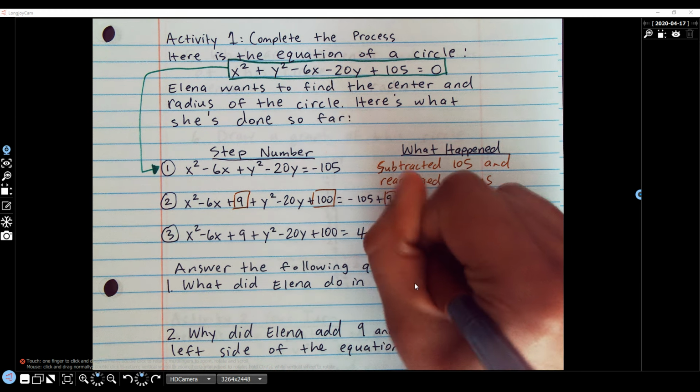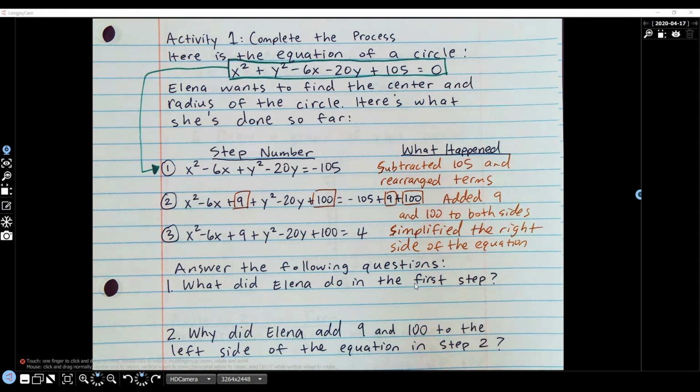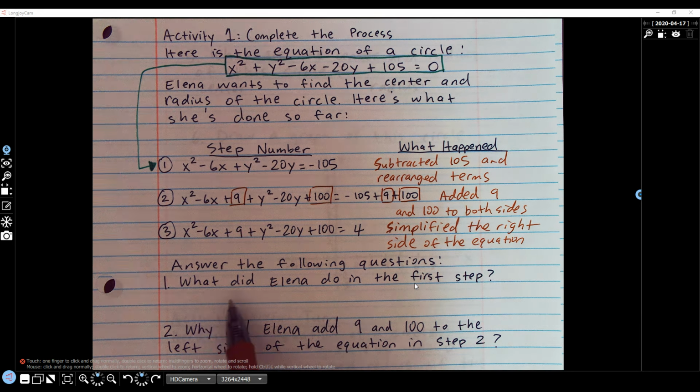Okay, so now that we have jotted down some observations of her steps, let's take a look at the questions. Question number 1 asks, what did Elena do in the first step? I know we already answered this, but I want to write a little more in depth.